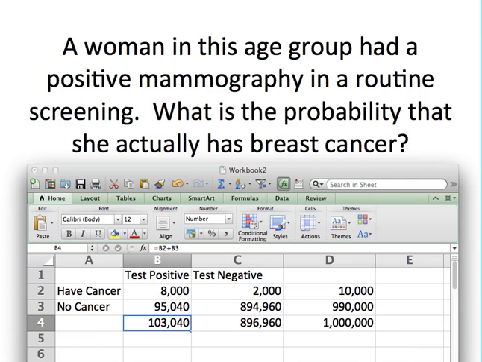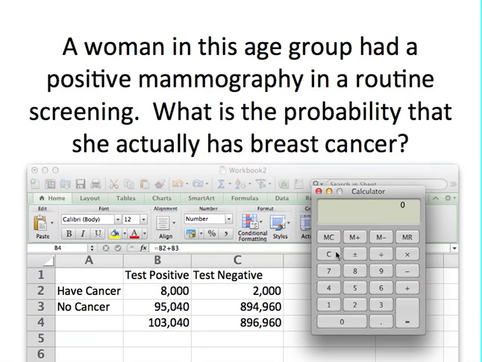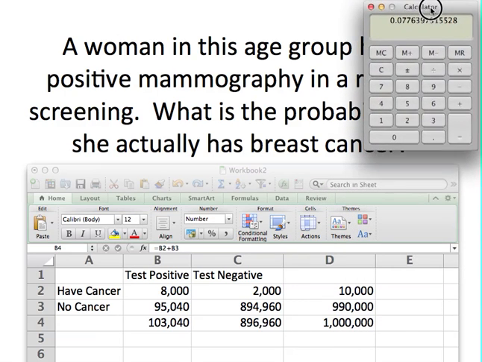Let's go ahead and get our calculator back. So it's 8,000 divided by 103,040. And that's 7.7%.